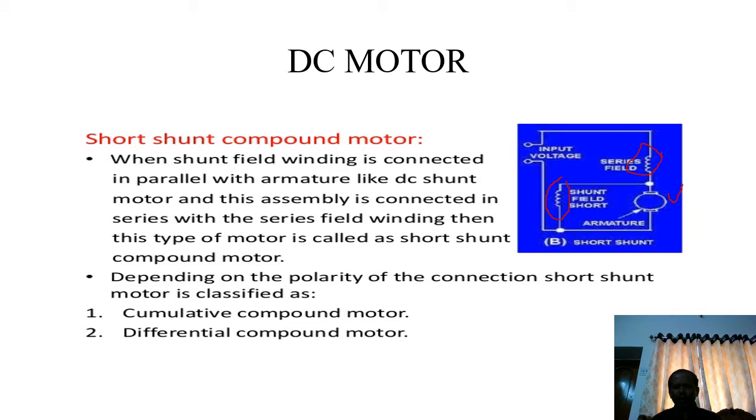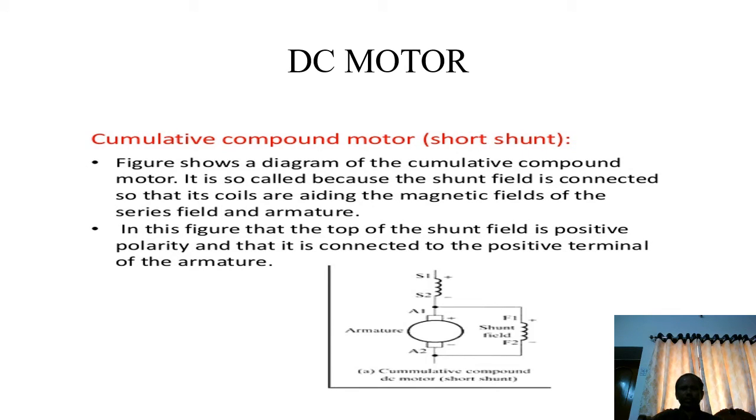Depending on the polarity of the connection, short shunt motor is classified as cumulative compound motor and differential compound motor. So this is the cumulative compound motor. Here you can see the short shunt compound motor. S1, S2 is the series field, A1, A2 is the armature winding, and F1, F2 is the shunt field winding.